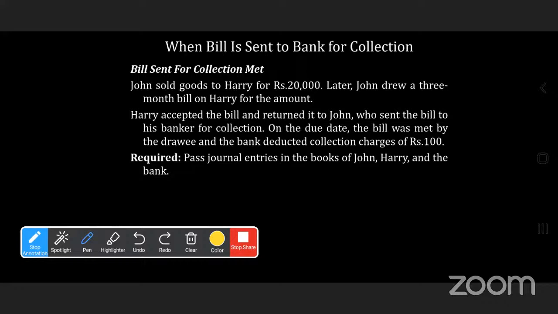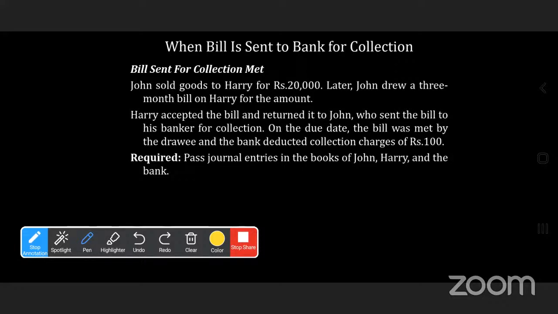Harry account debit to sales account, 20,000. Being goods sold on credit. Yes, being goods sold on trade. Now, John drew a 3-month bill on Harry for the amount. What is the transaction you have to pass?